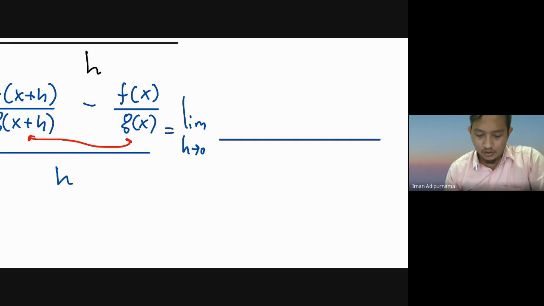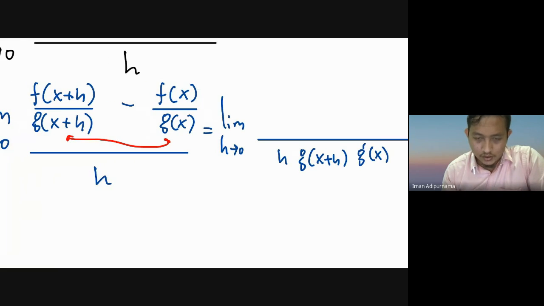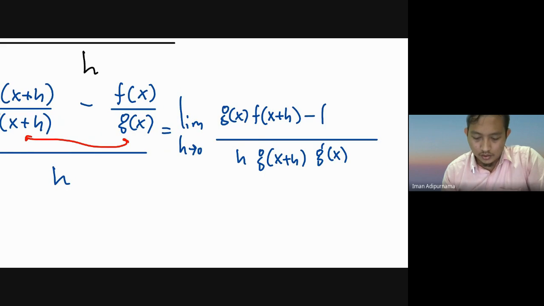So this will be h and then g(x+h). Okay, and this part will be g(x) and then f(x+h), and then minus f(x) and g(x+h).